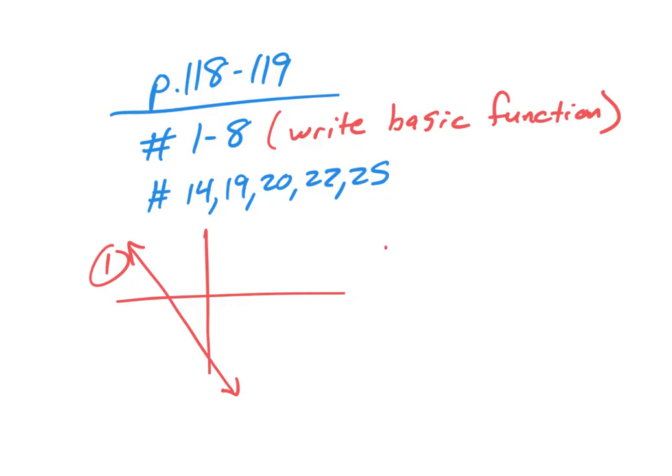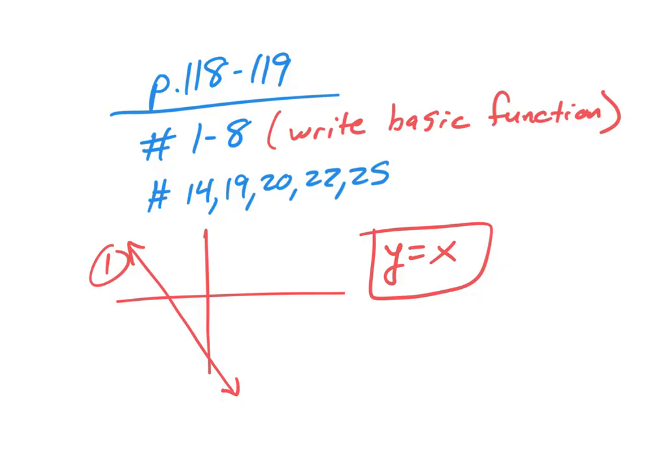And the basic equation for a linear function is y equals x. So that very first page where we talk about all the different functions, you're just going to write the basic function. Obviously, they tell me what this equation is, negative 2x minus 3, but we're just going to write what the basic function that it's compared to would be.